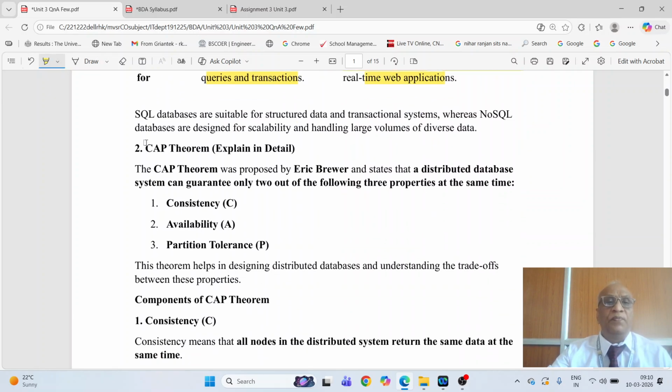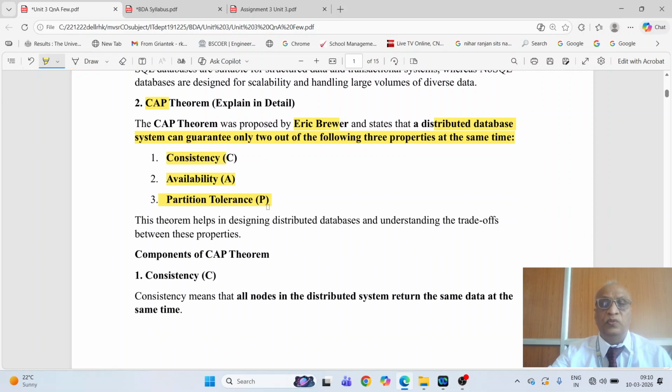Coming to CAP theorem, there are three letters C, A, P, which stand for consistency, availability, and partition tolerance. CAP theorem was given by Eric Brewer, which states that a distributed database can guarantee any two of the three, not all three at once. In this, partition tolerance for big data applications is compulsory.